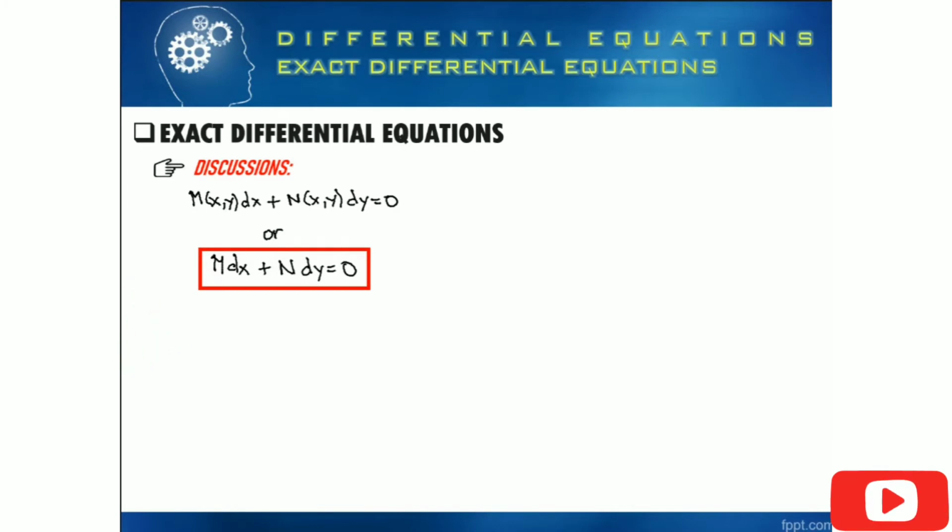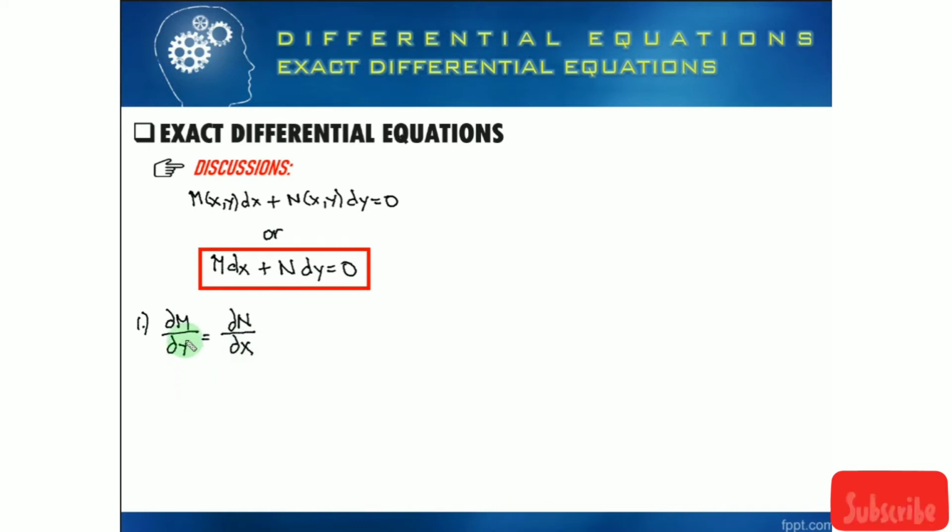So what is the first step in determining if the said differential equation is exact? Number one, you need to check that the partial derivative of your M with respect to y is equal to the partial derivative of your N with respect to x.